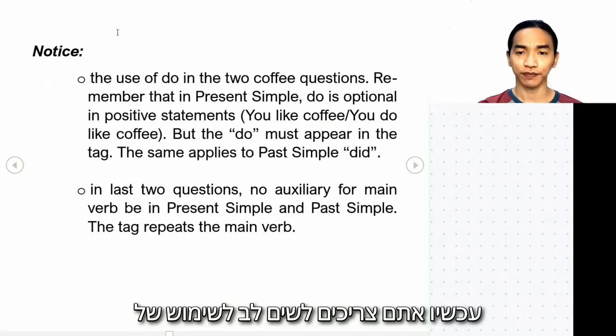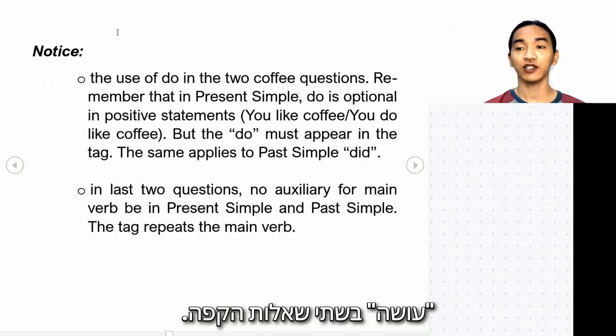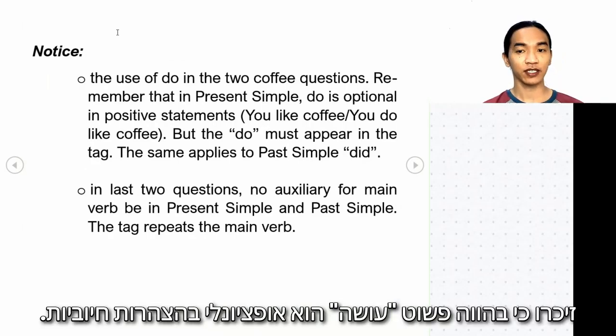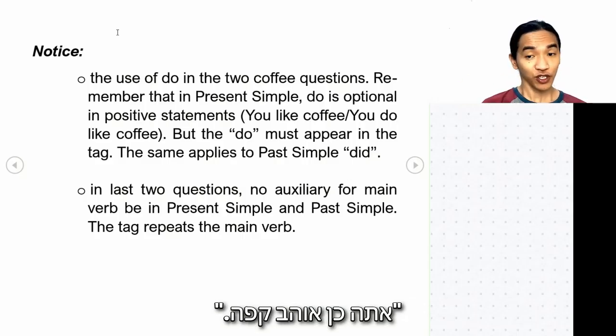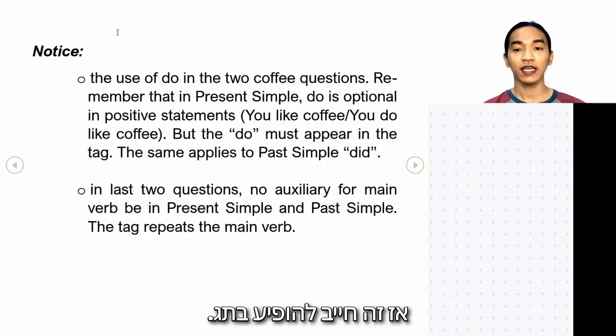Okay, now you have to notice the use of do in the two coffee questions. Remember that in present simple, do is optional in positive statements. Okay, we just put it there as an emphasis to the action. You like coffee, you do like coffee. So it must appear in the tag then.